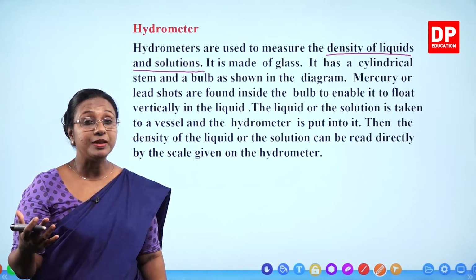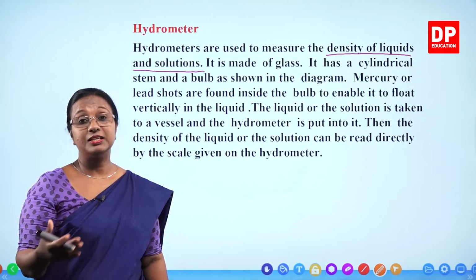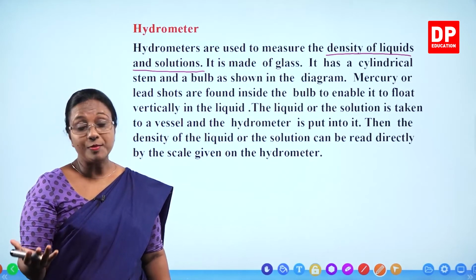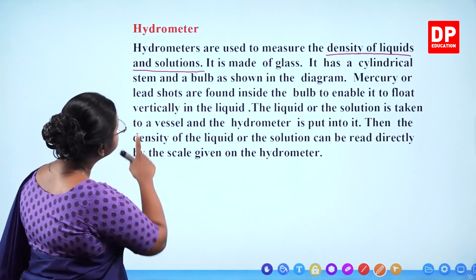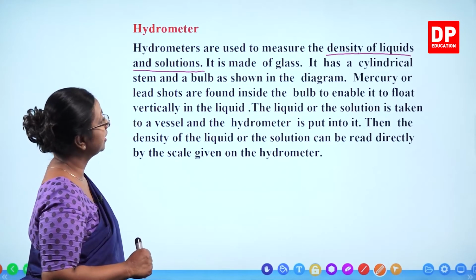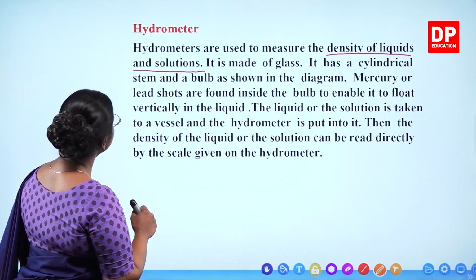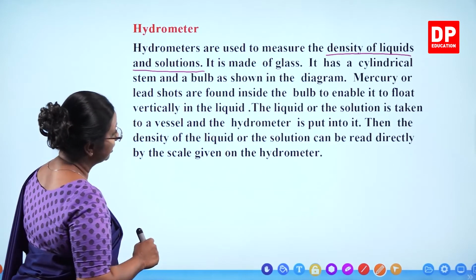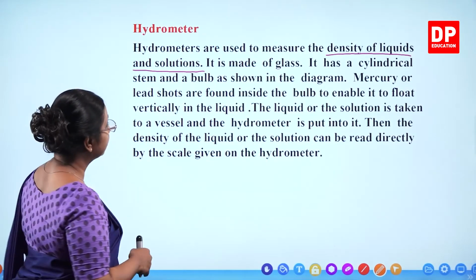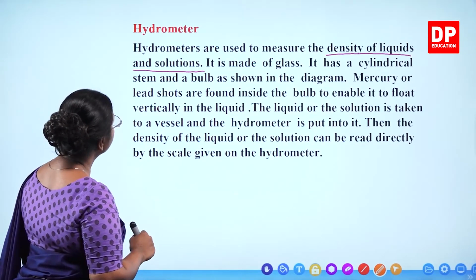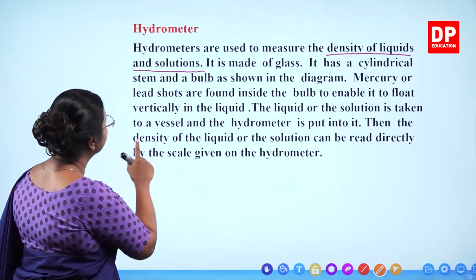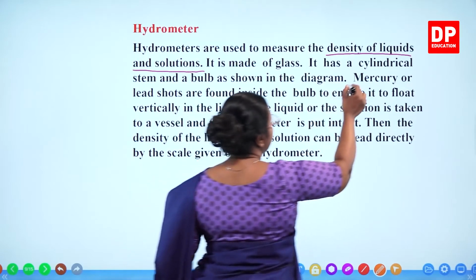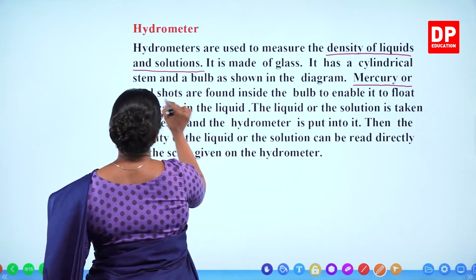The soil hydrometer, alcohol hydrometer, lactometers, the normal hydrometers, all that you are familiar with. And it is made up of glass. It has a cylindrical stem and a bulb as shown in the diagram. The diagram is there in the next slide. Mercury or lead shots are found inside the bulb to enable it to float vertically in the liquid. So, there is mercury or lead shots.